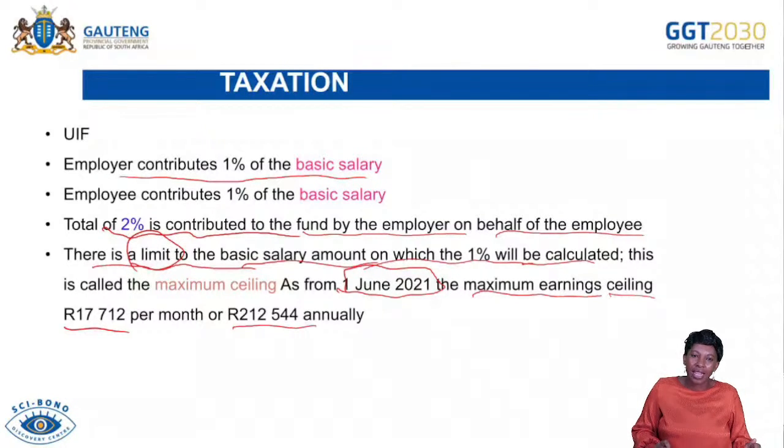But if I am earning 354,000 per annum, they won't take 1% of 354,000, but they will only take 1% of 212,544. So it's a maximum. If you are earning 212 or more, they will only end at 212,544. They won't deduct more than that. They will only deduct on 212 or less.